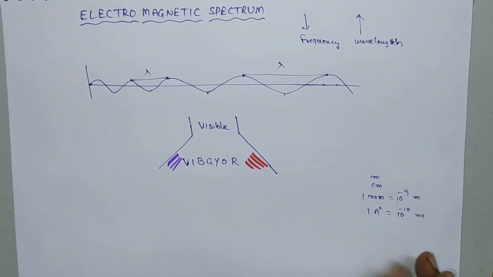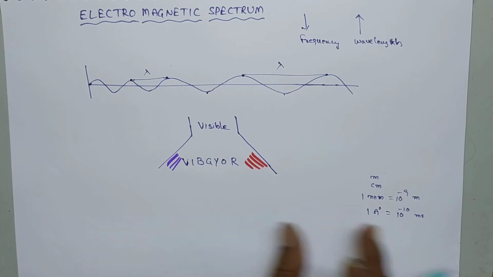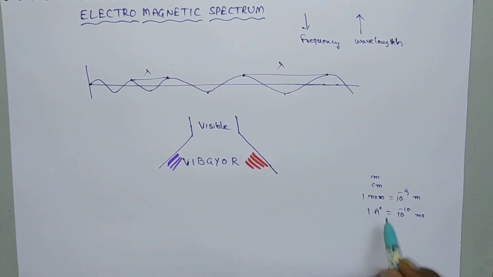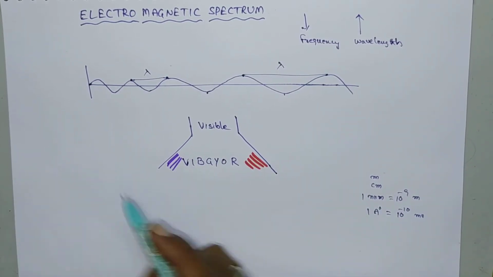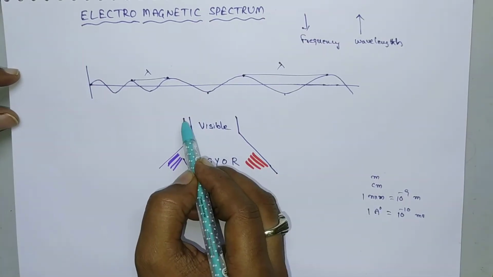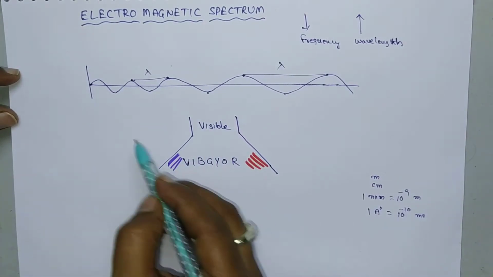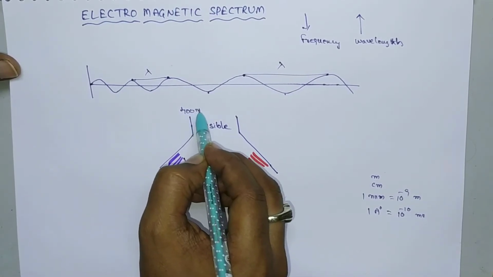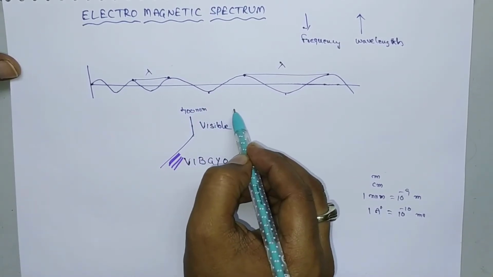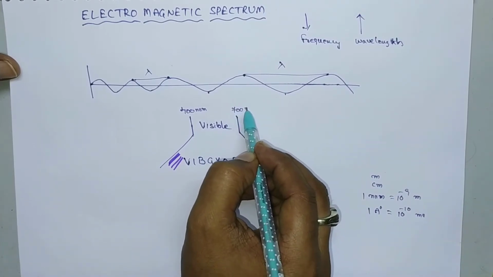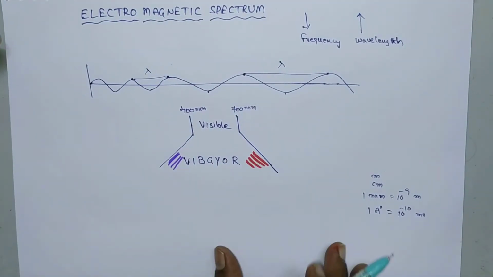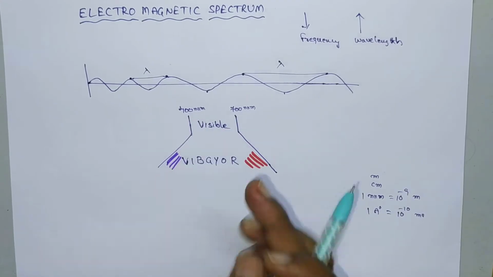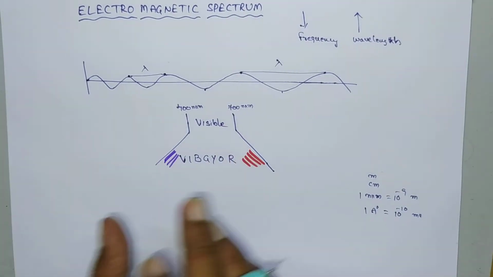Let us express this in nanometers. The visible radiation ranges from 400 nanometers to 700 nanometers.